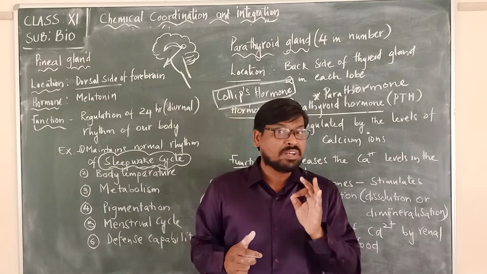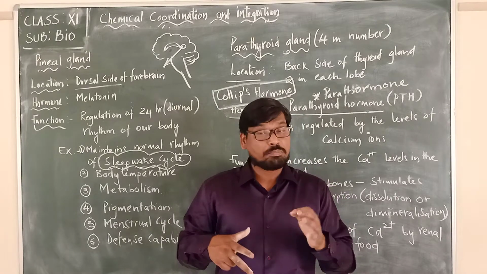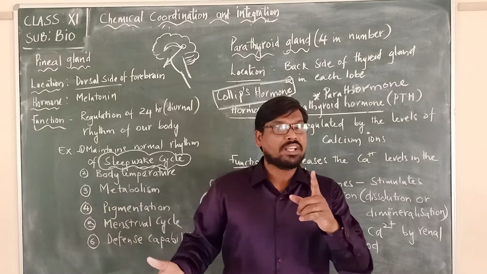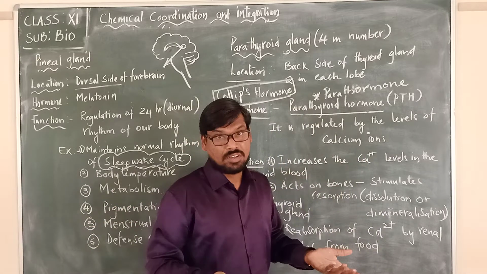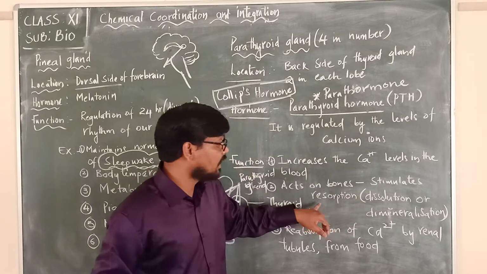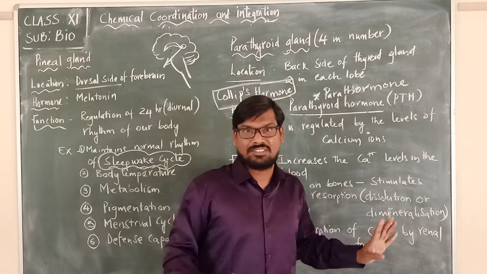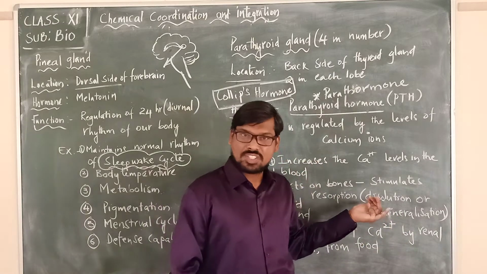Whenever the calcium levels are decreasing in our blood, which is also important for other functions, immediately Collip's hormone is released, and it acts on bones and stimulates the resorption, which means dissolution or demineralization.